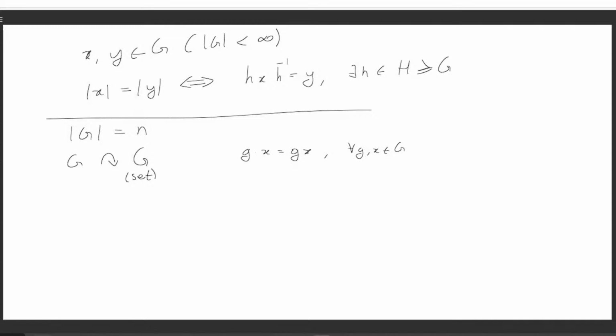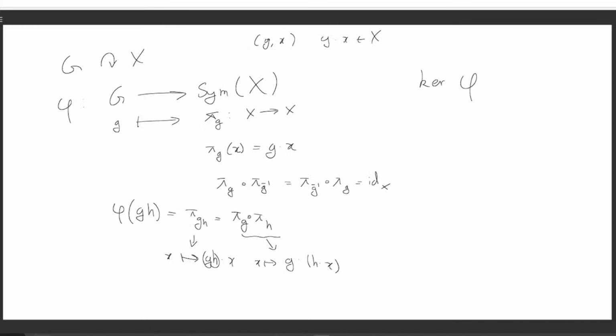Okay. So when you have this, you know that G mod kernel phi is isomorphic to what? The image of phi, which is a subgroup of Sym of X. So in particular, when X is some n, this will be Sn.